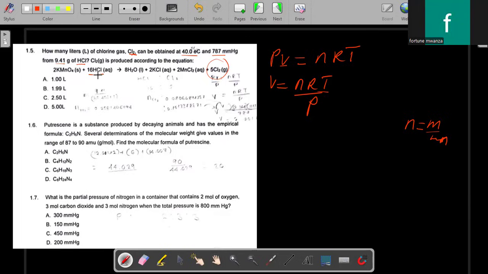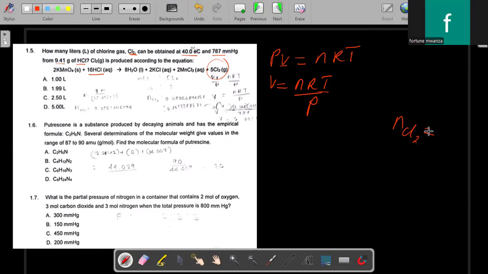So in this case, they are simply telling us hydrochloric acid is the limiting reactant. This limiting reactant is the one which is going to help us get our number of moles for chlorine.